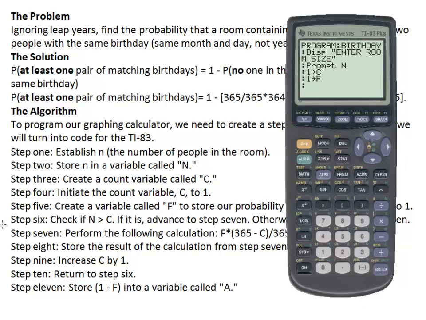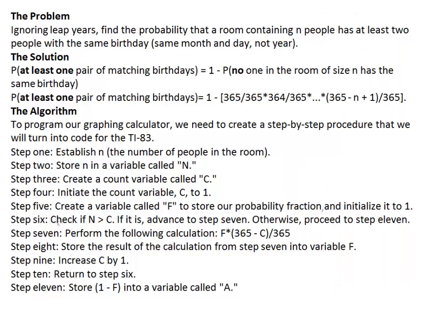All right, so let's look at step 6 next. In step 6, it says check if n is greater than c. If it is, advance to step 7. Otherwise, proceed to step 11. Let's read a little further, though. If we go to step 7, it says perform the following calculation. All right, so they're going to do f times this fraction. And both f and c at this moment would be 1 because we haven't done anything yet, right?